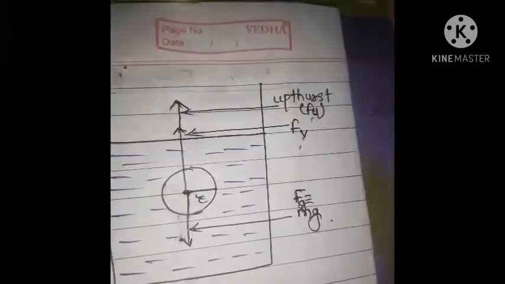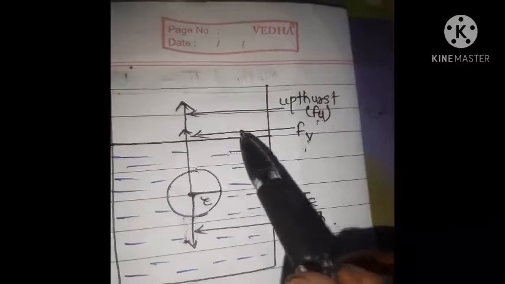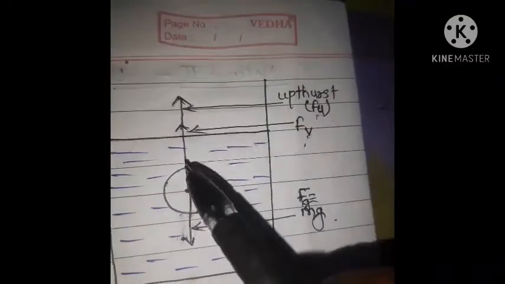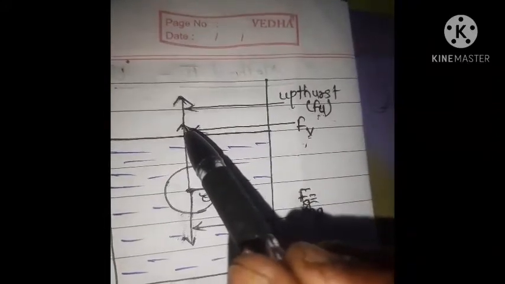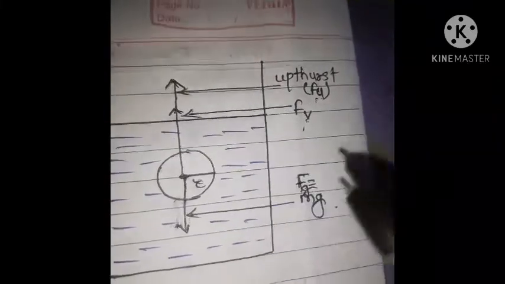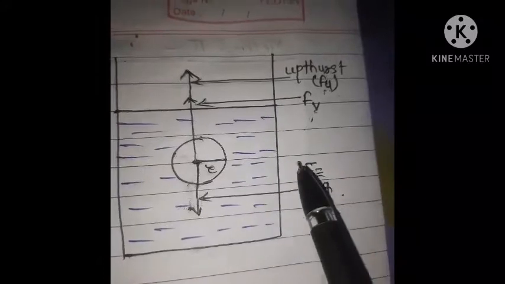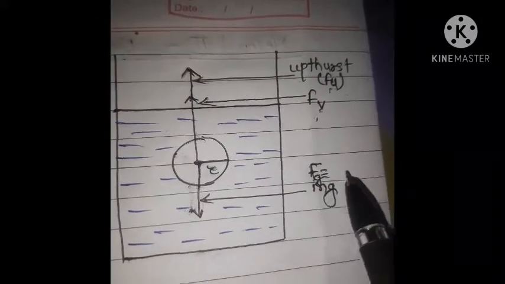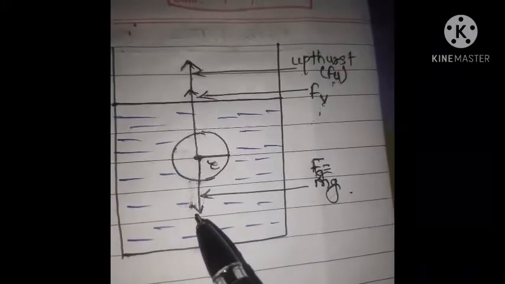The force due to the medium, Fu, acts vertically upward. Similarly, the viscous force Fv is also vertically upward, and the force due to gravity, or its weight, is vertically downward.